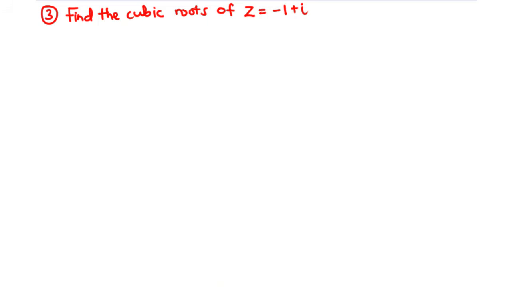Now let's try this example. Example 3. Find the cubic roots of z equals -1 plus i. Now because we are going to find the cubic roots, we are going to obtain 3 different roots. So we can express this as z cubed equals -1 plus i, like what we had in the previous examples.